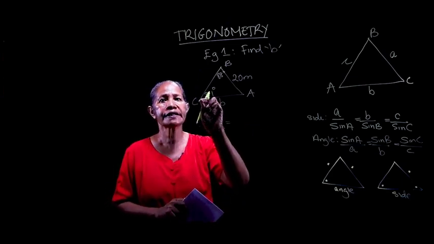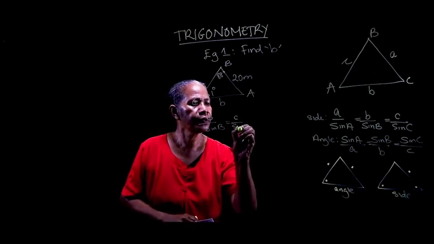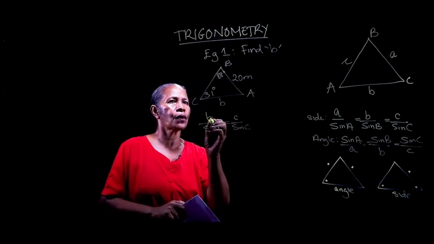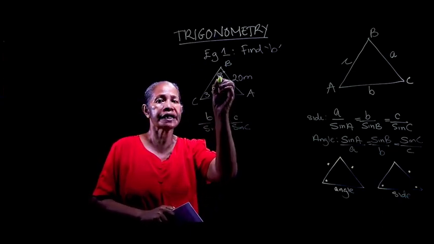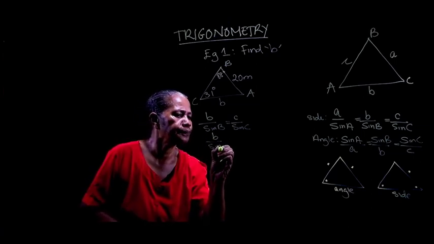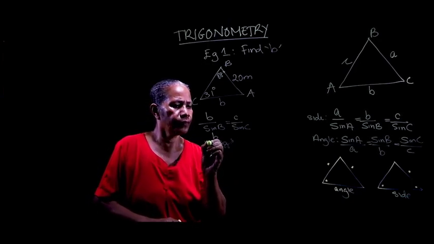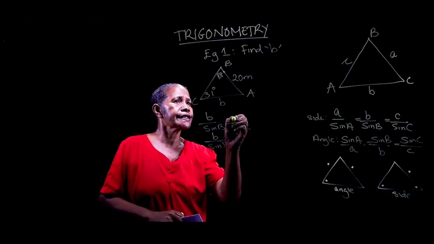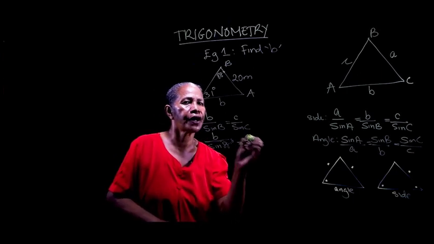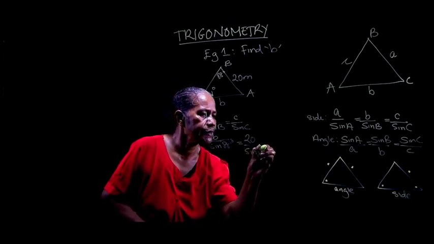As you can see, it is c that is completed, so we use c over sine C. Let's fill in the information now. b is missing and angle B is 88 degrees, so we have b over sine 88 degrees is equal to side c, 20 meters, over angle C, sine 31 degrees.